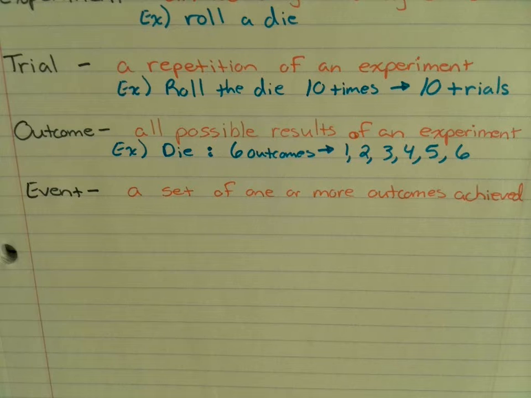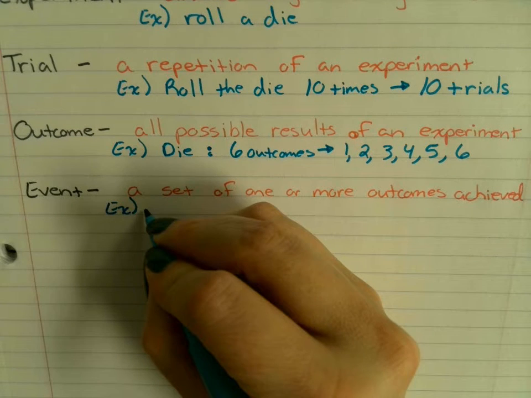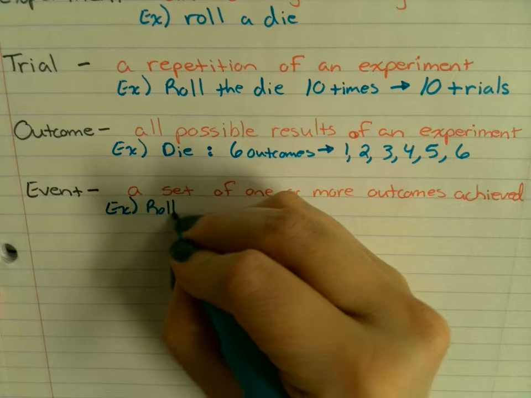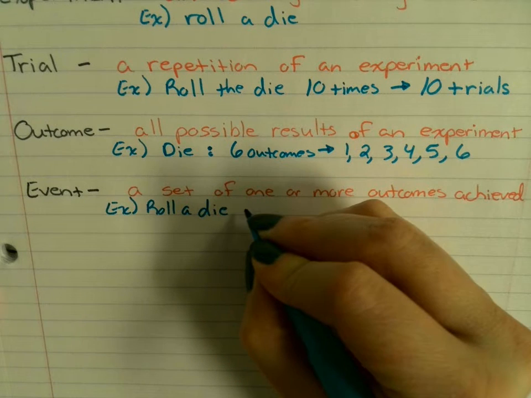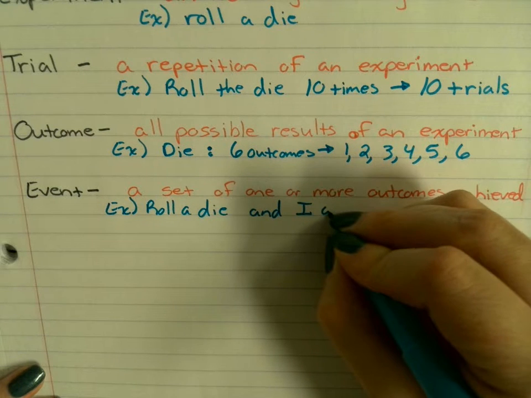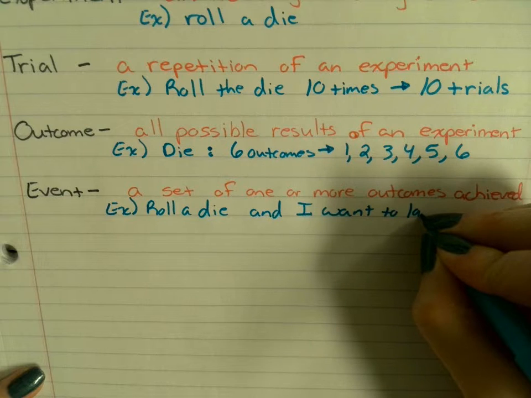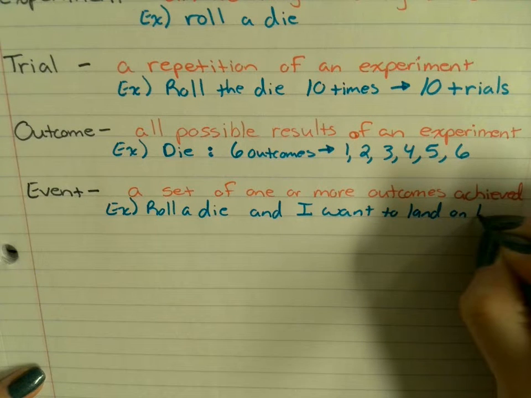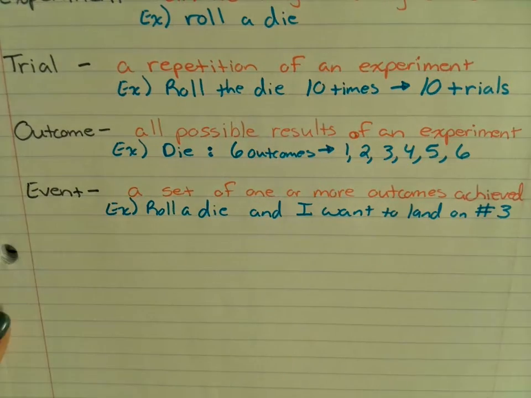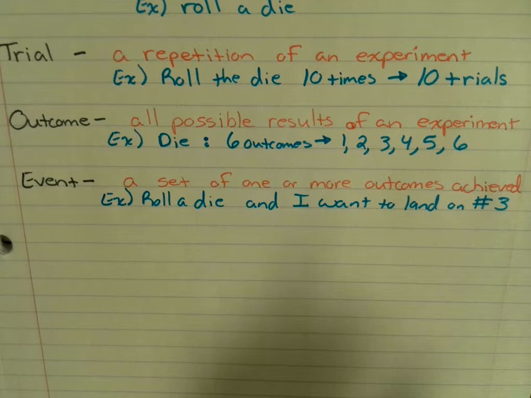So again, sticking with the die, if I roll a die and I want to land on the number 3. I'm rolling the die and I want to land on the value 3. That's the event.